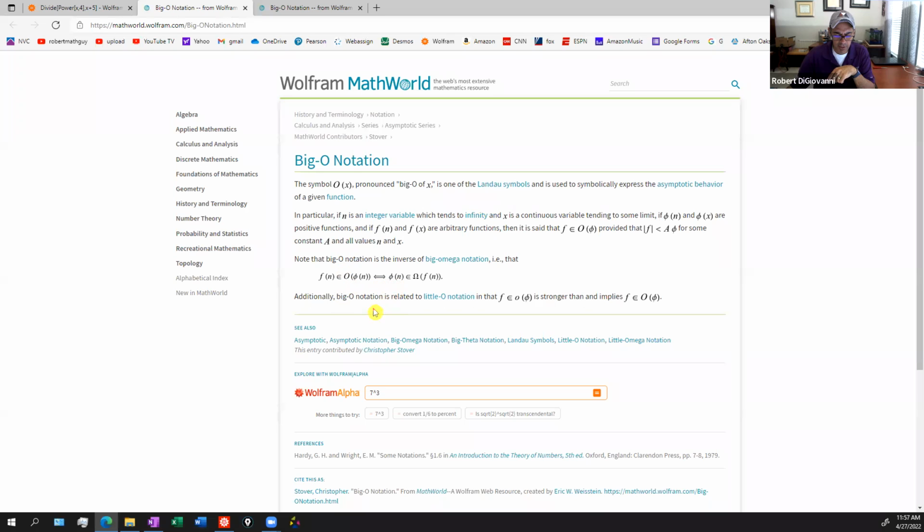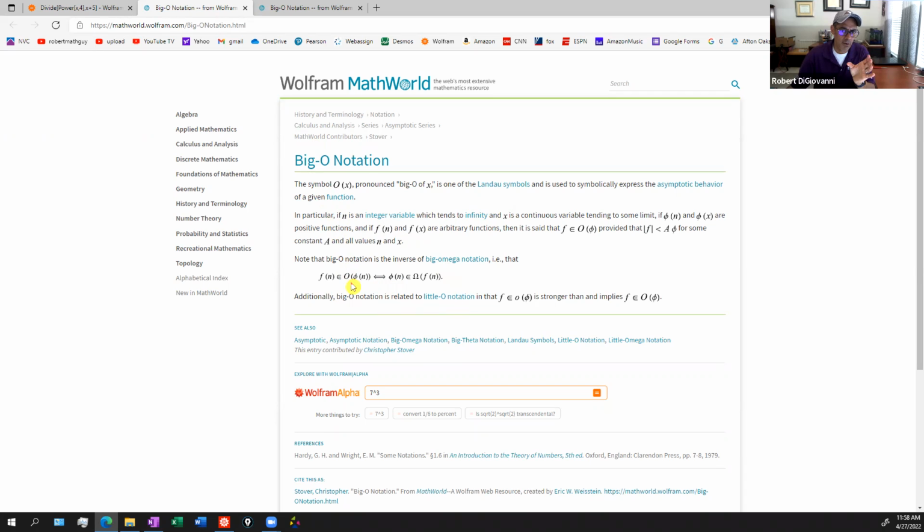Let me see what they're referring to here. Yeah, this is not what I'm looking for. Big O in computer science is like operation count, whether it's linear, logarithmic, quadratic, something like that.